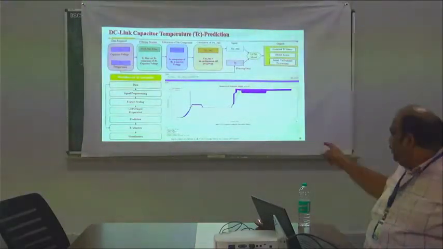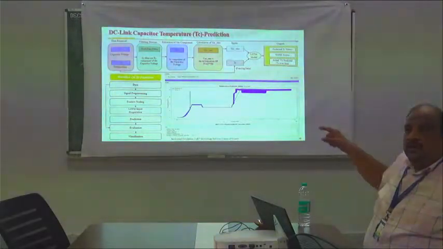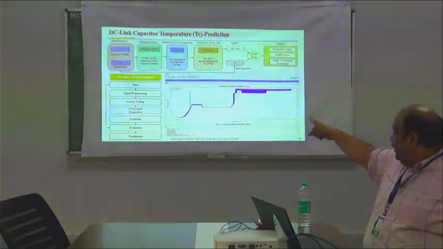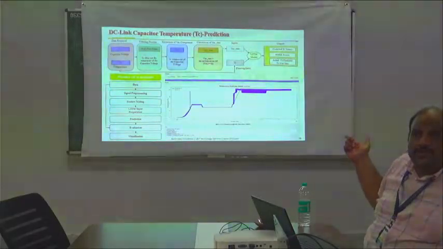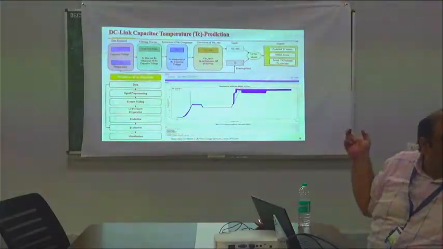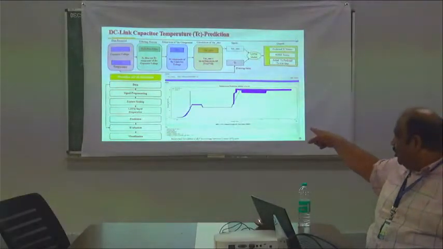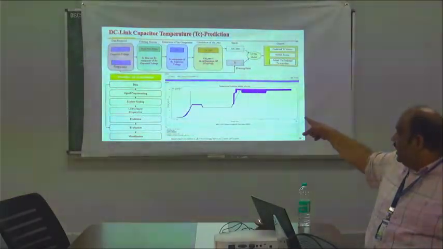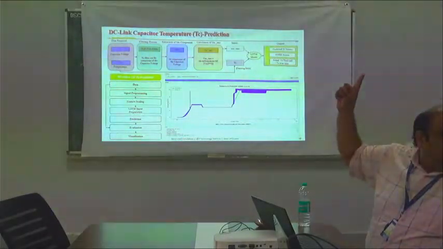You can see at that particular starting pulse, the predicted is following in some way, but the artificial intelligence couldn't capture that spike in the temperature. So at that corner the predicted has gone very bad.